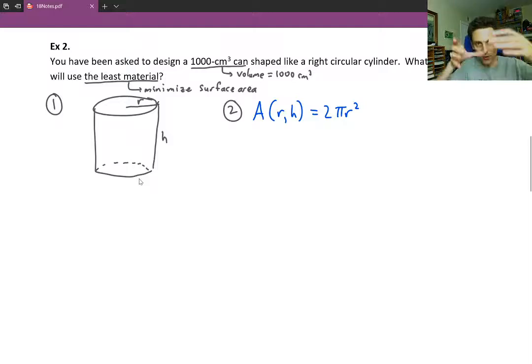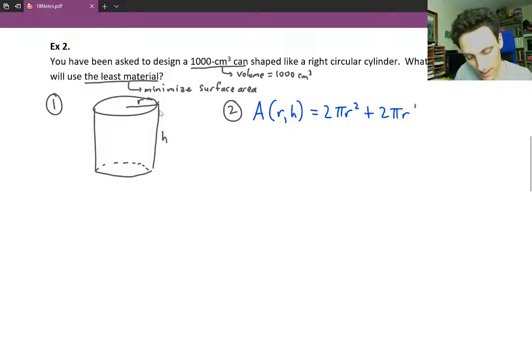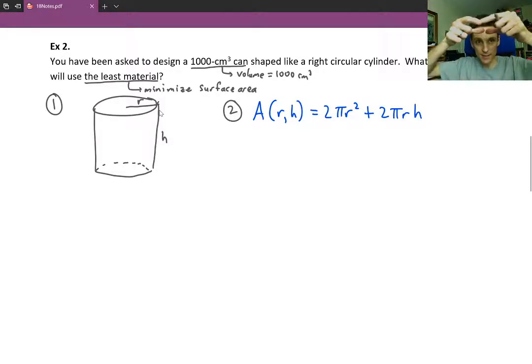And then you have that curved surface that's around the sides. So for that, you can take the circumference, which is the distance around the circle, that's 2 pi r, and multiply by the height to get the area of the sides. So take the circumference, 2 pi r, and multiply it by the height to give you the surface area of the curved part of the cylinder.